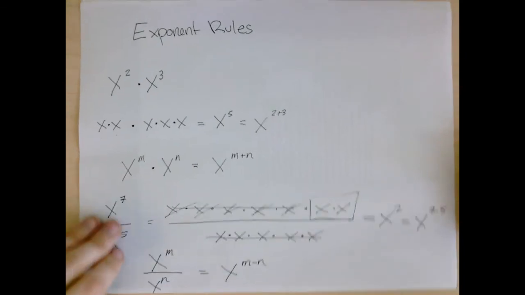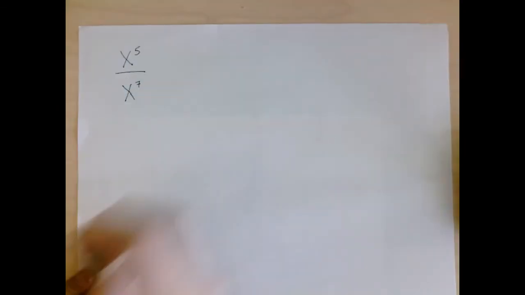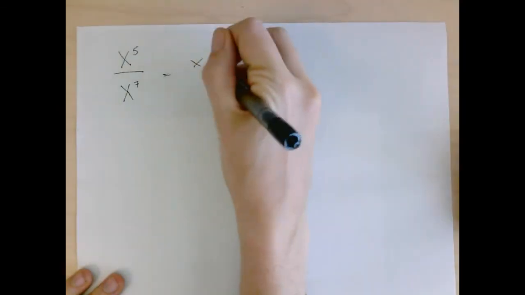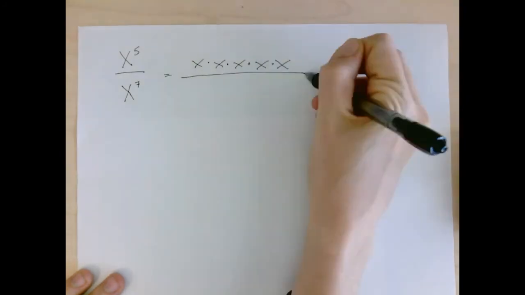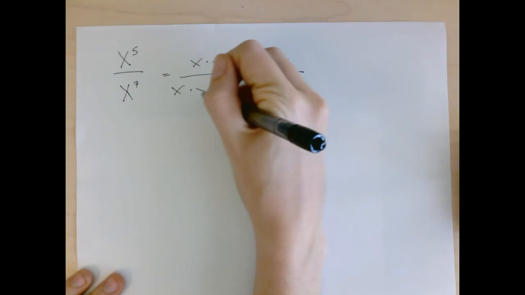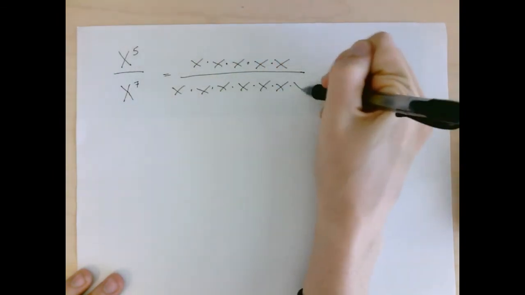Now this has another consequence, and something you might have seen before. Let's reverse it. Let's say I have x to the 5th over x to the 7th. Well, we know that's x times x times x times x times x over x times x times x times x times x times x times x.